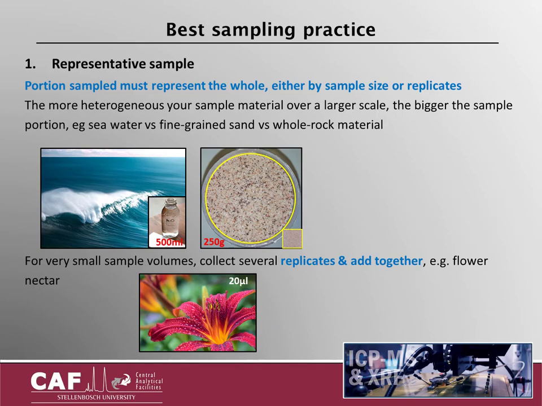So if you only take a fistful of sample, you're not going to have a representative sample of the whole material. When you're working with very small samples, for instance flower nectar, where you can typically not sample more than 20 microliters per flower, you have to collect several replicates and add them together to have enough sample to work with.